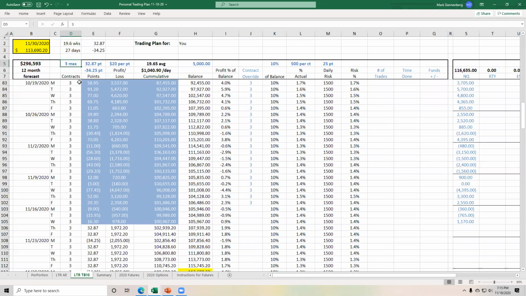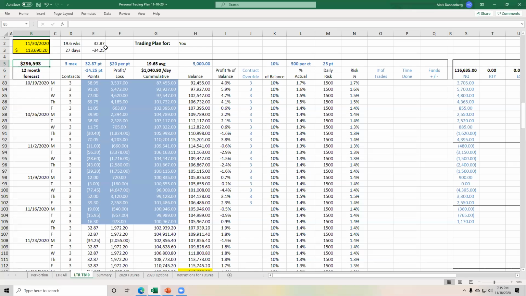We're capping ourselves out at 3 contracts right now. We can change that. You can change that as an individual trader, individual business owner. And what we see is that our income forecast for a 12-month period now is projected to be $296,593. Now that's a projection. It's not going to be exactly that number because these run rates are going to vary.